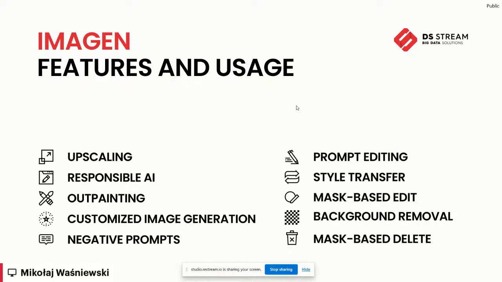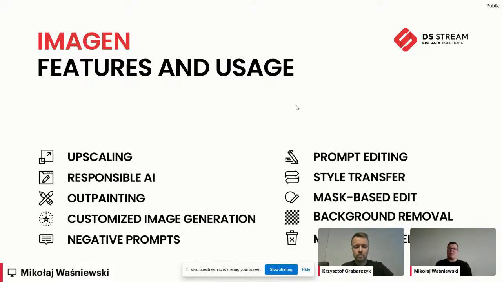Okay, I think we reached the end of the presentation. We can start with Q&A. You can write your questions in the chat. They can be about Imagen, Gemini, or generative artificial intelligence as a whole, and we'll do our best to answer them.